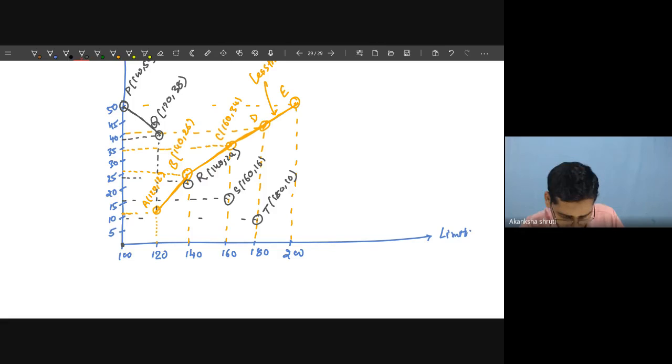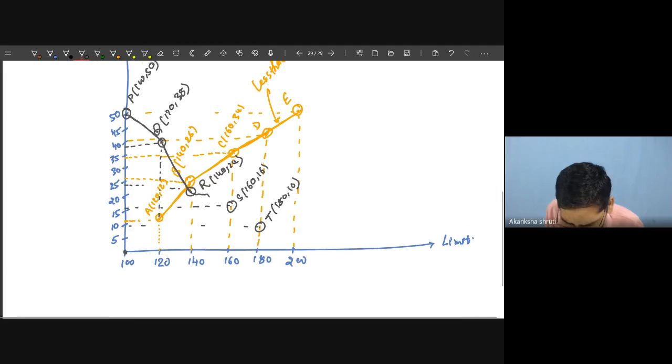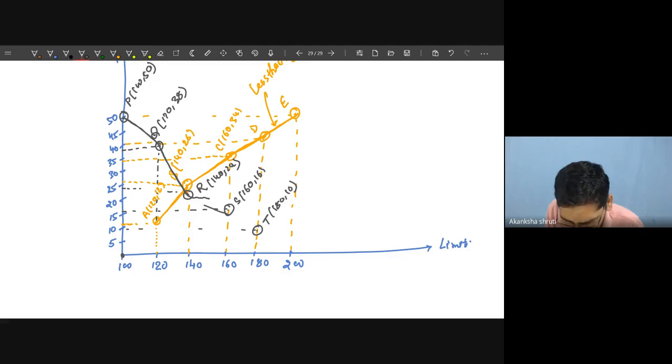Observe carefully. For this point, it is below. It will surely cut the earlier less than type curve. At some point, surely it will be lesser than 140. Then this one.